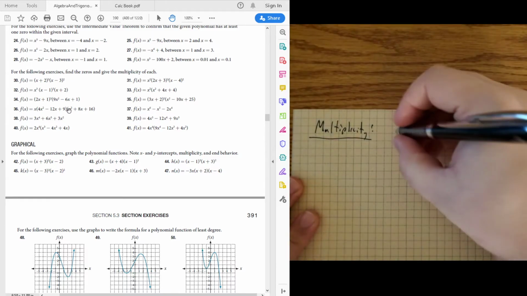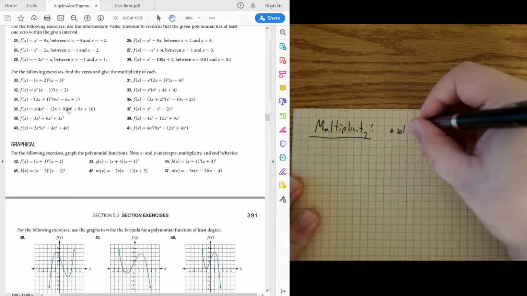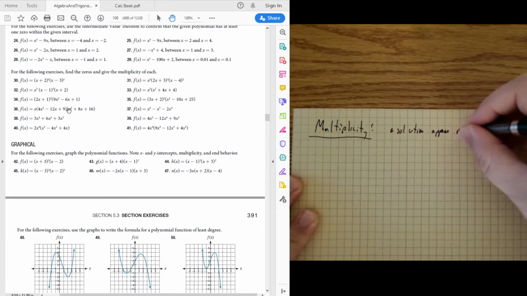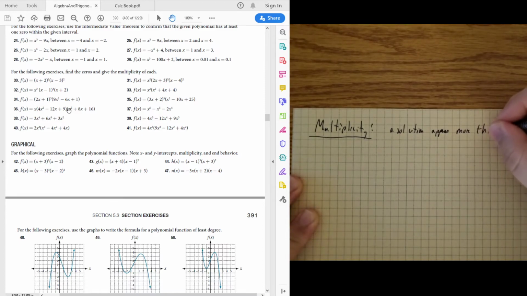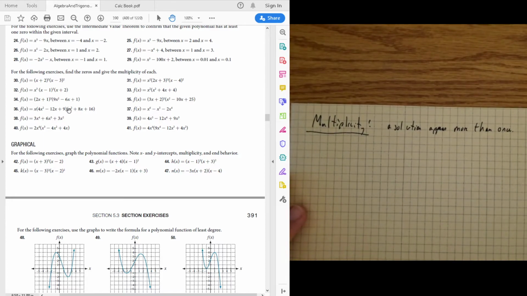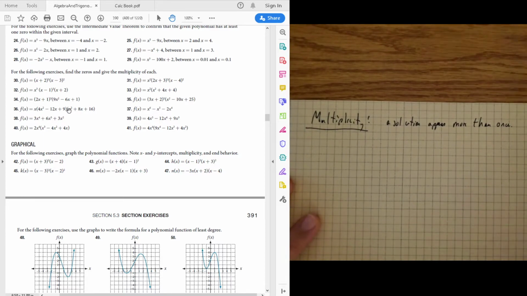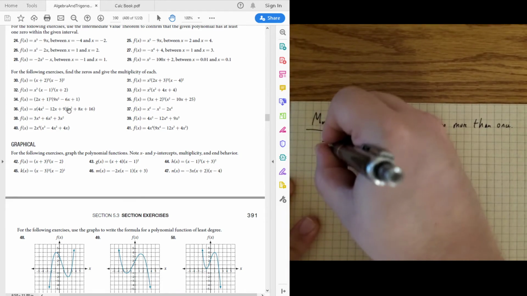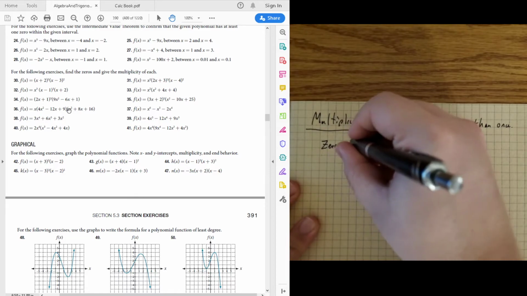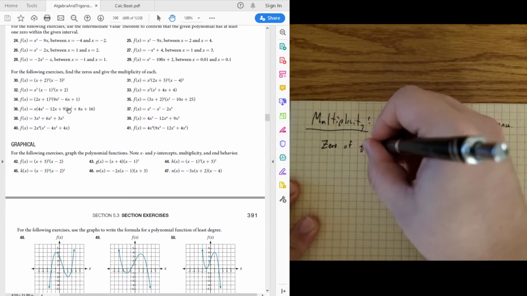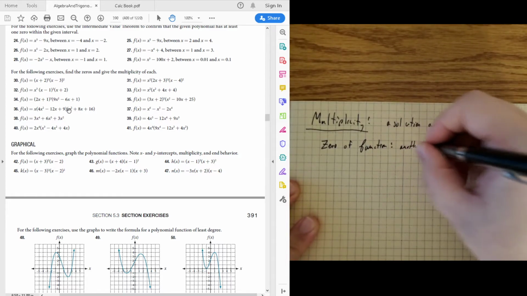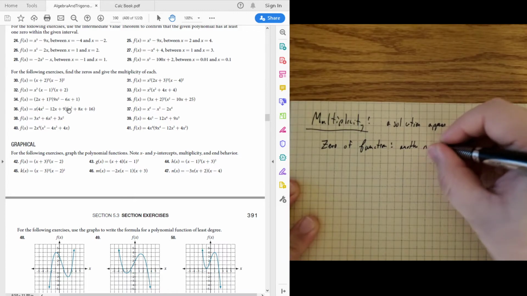The idea of multiplicity is a solution appears more than once. Before I can talk about multiplicity, I have to tell you something that is a true fact. There's a term called a zero. A zero of a function is another name for the x-intercept.